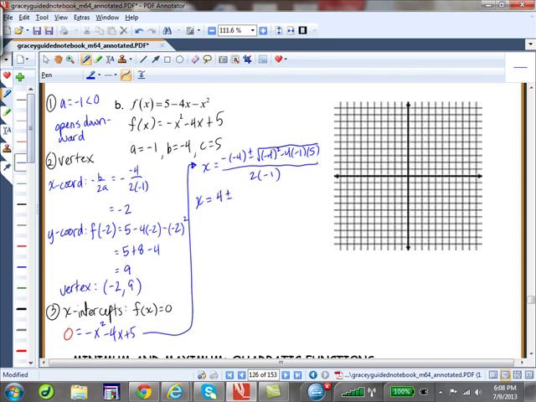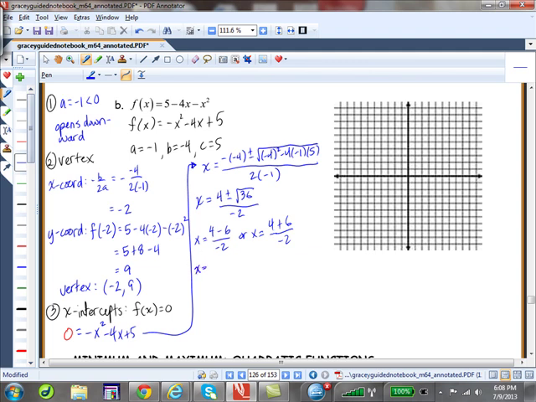So x will be 4 plus or minus, we'll get 16 plus 20, which is 36. So we'll have another perfect square there. So x will be 4 minus 6 over negative 2, or x will be 4 plus 6 over negative 2.